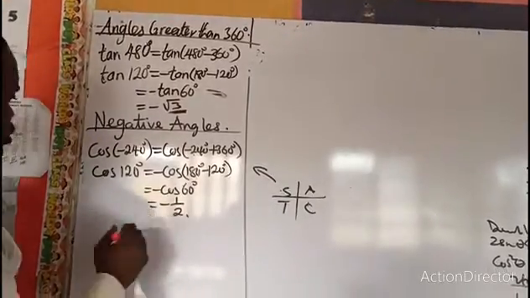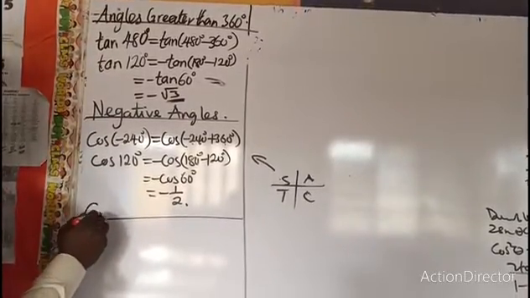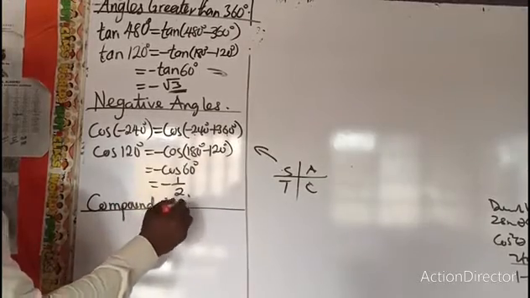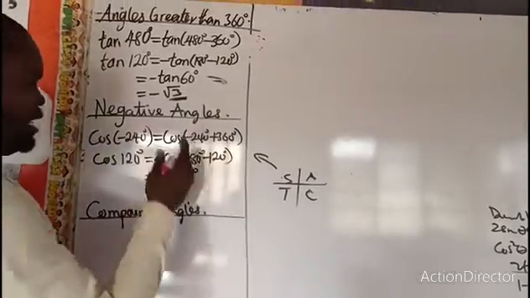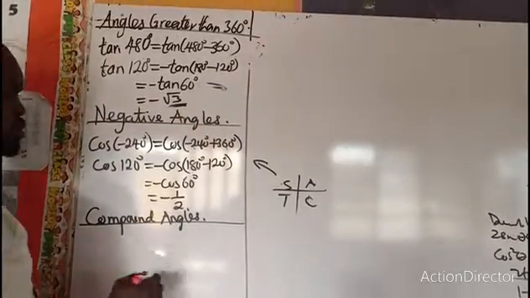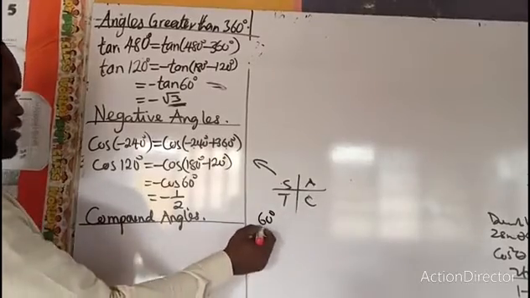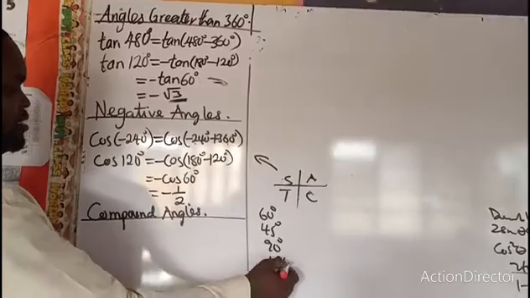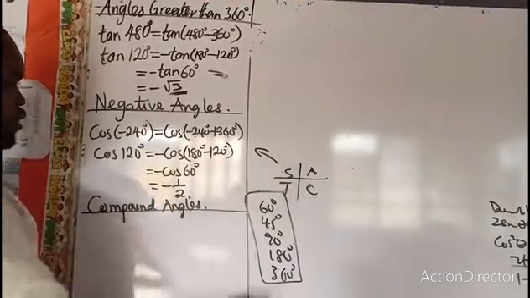Now, we also need to know that we might be given some angles which we refer to as compound angles. Compound angles do not follow the ones we are already used to, like 60 degrees, 45 degrees, 90 degrees, 180 degrees, 360 degrees. We already know the basic values for these.